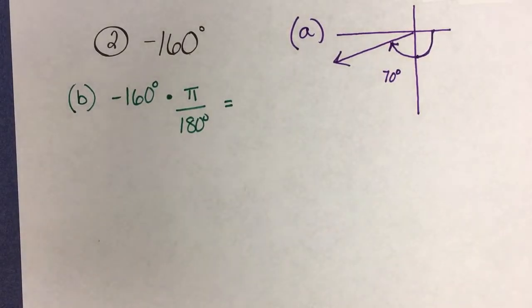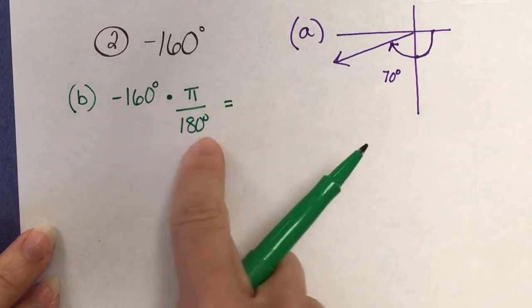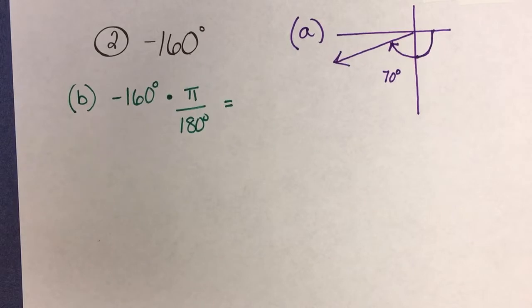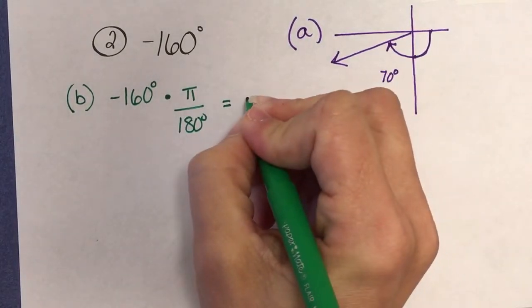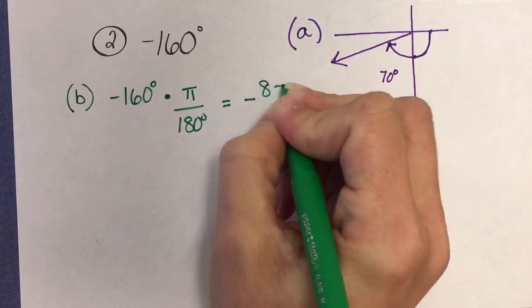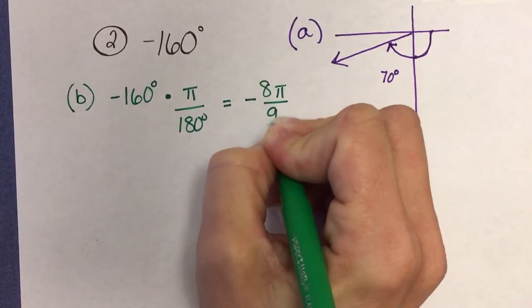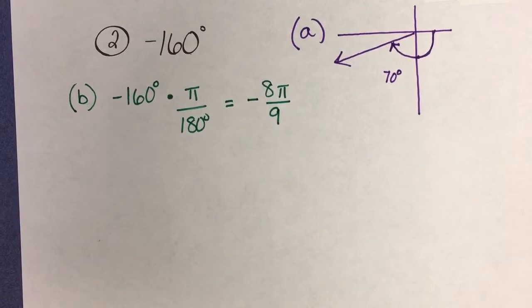Now, just like I did a while ago, in your calculator, you can just do 160 divided by 180, and then just let your calculator reduce it for you. So I get 8 over 9. Again, that would be negative 8 pi over 9, okay?